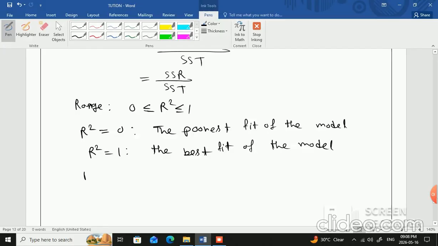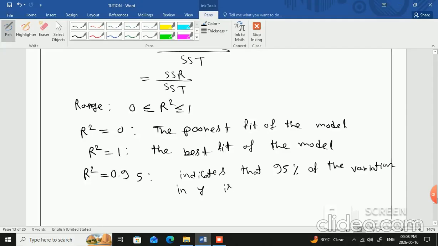R square equal to 0.95 indicates that 95% of the variation in Y is explained by the model.